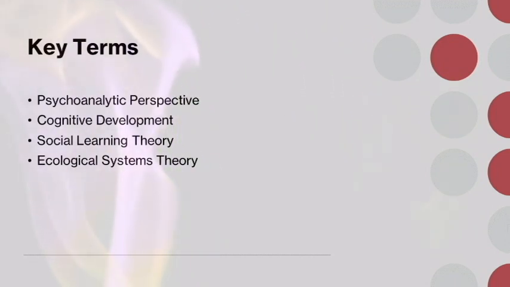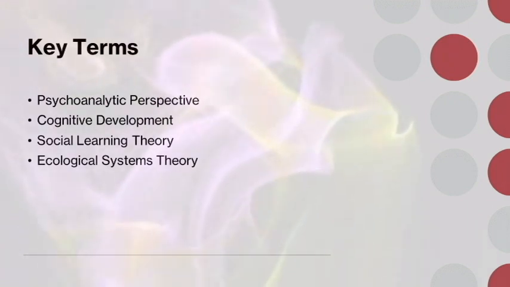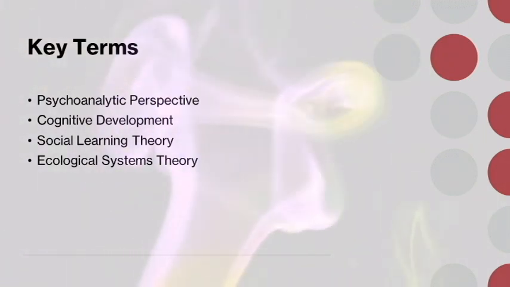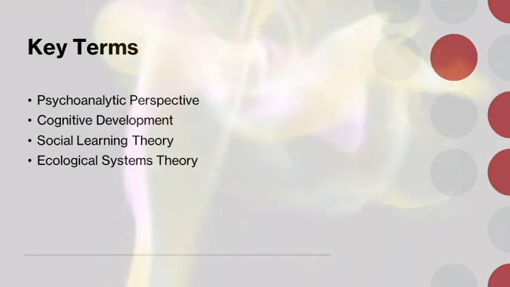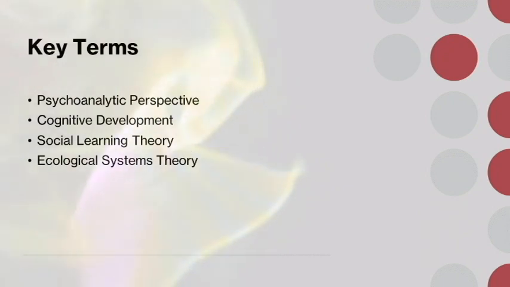Then we have social learning theory developed by Albert Bandura. And social learning theory emphasizes the importance of observational learning, imitation, and cognitive processes in shaping behavior. It highlights the role of models, reinforcement, and self-efficacy in learning and behavior change.